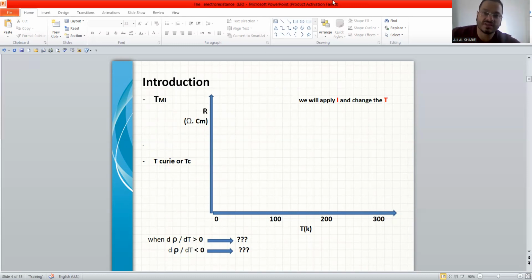Let me draw this curve to make this easier. Yes, this pencil, this color with this line, that's right.